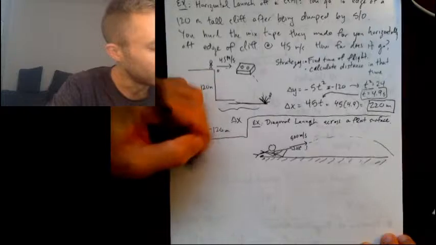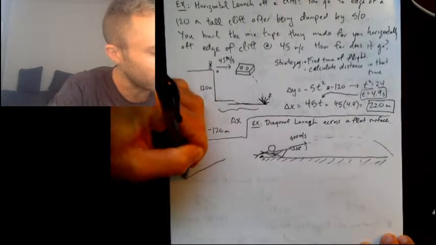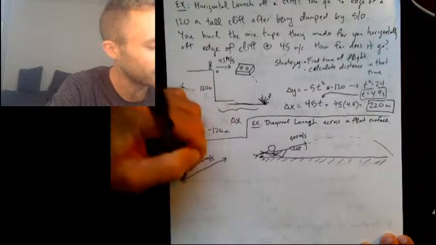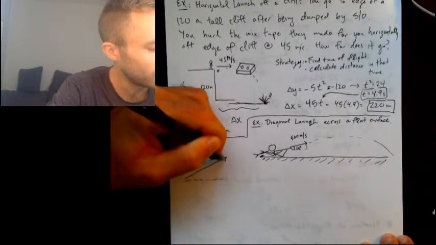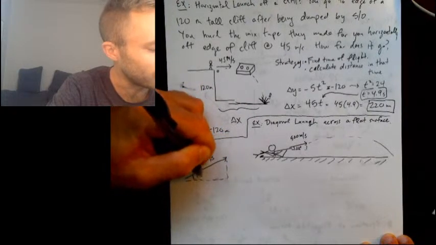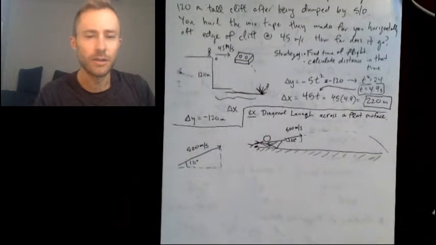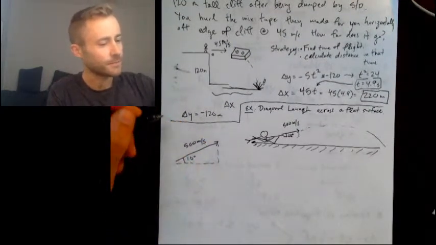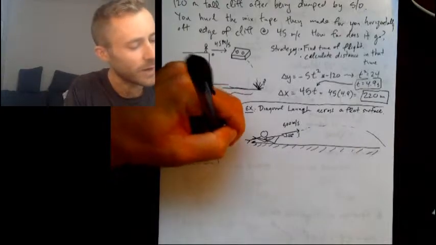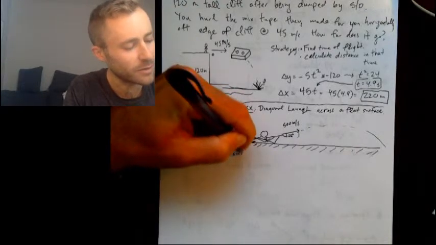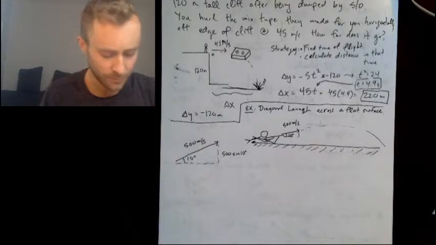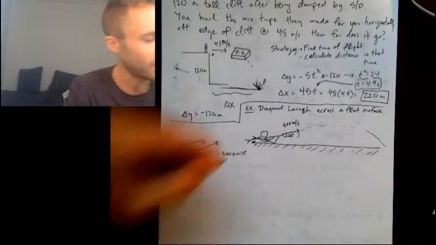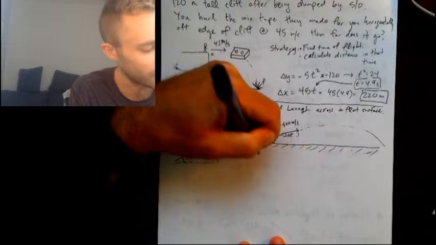Okay? So I have my initial velocity triangle. 500 meters per second is the hypotenuse, and this angle is 10 degrees. So to get the initial vertical velocity, I would do 500 sine of 10 degrees, which is about 87 meters per second.